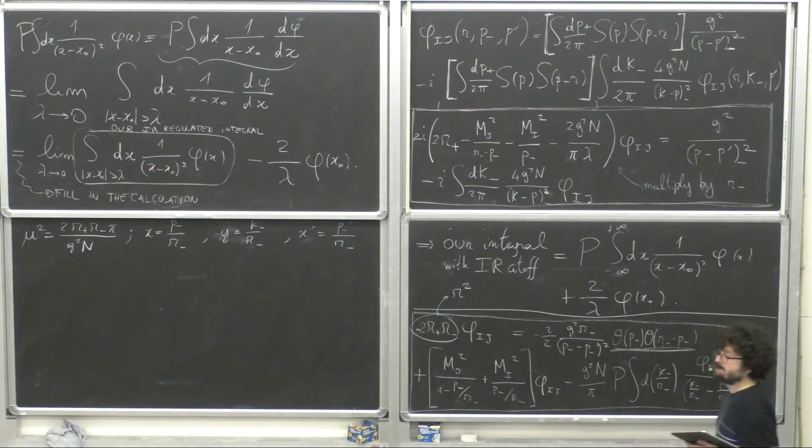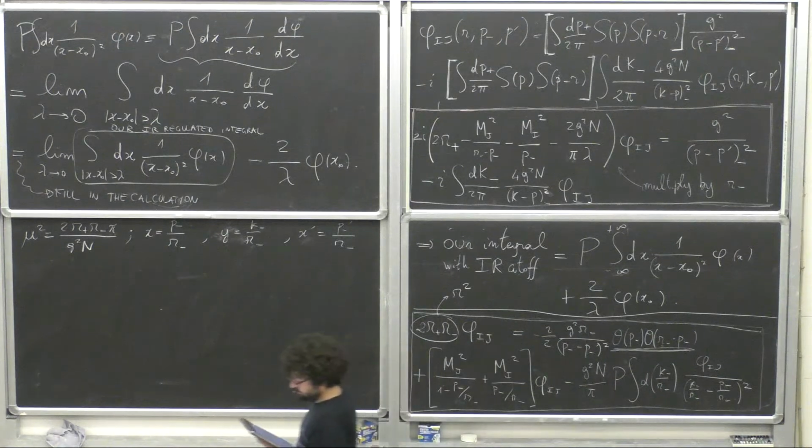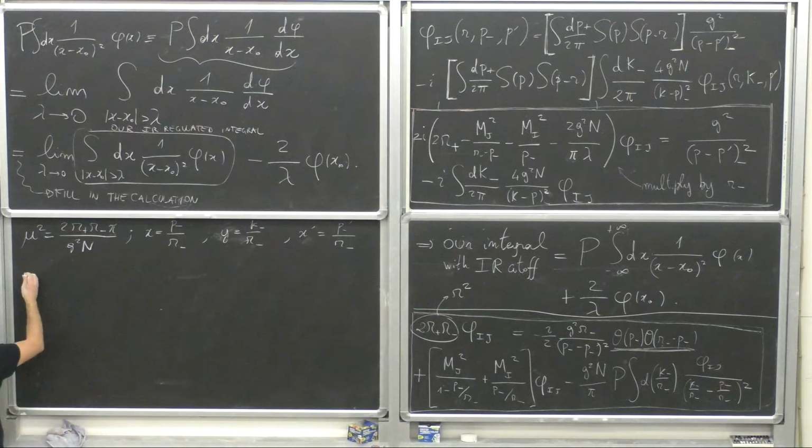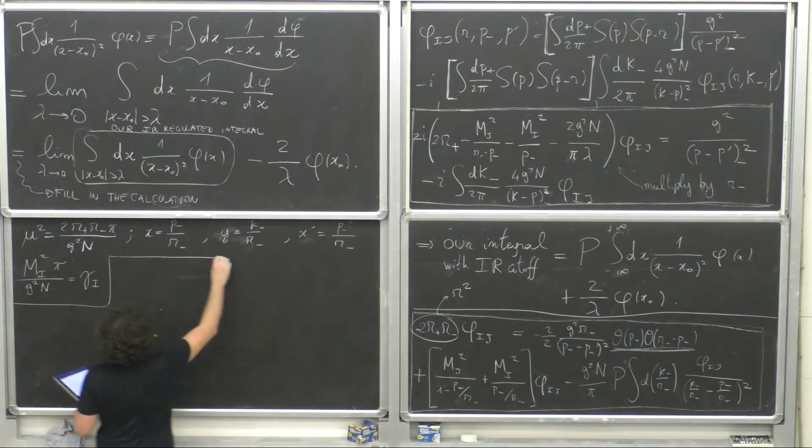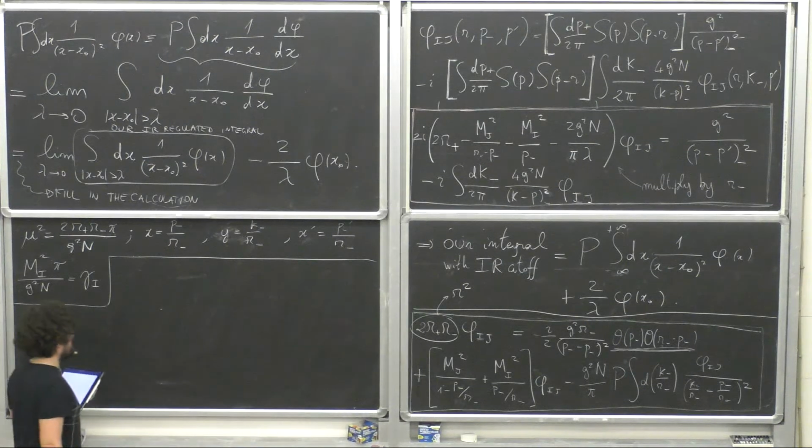So these are fractions of p minus momenta carried by the quarks. Let's also introduce a notation for these masses in units of our scale. Let's call them gamma. Now we got rid of some ugliness and we got rid of scales.